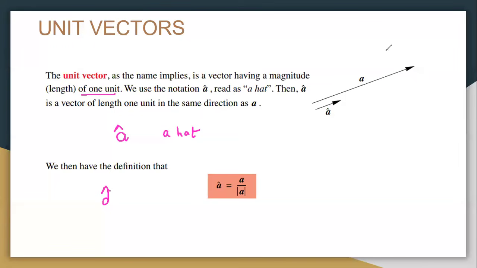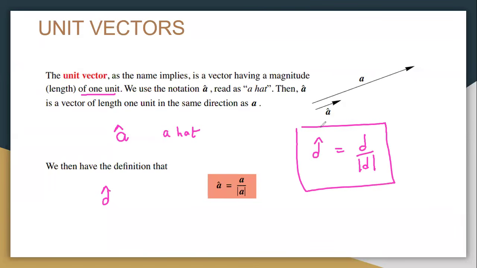And by definition, in order for you to be able to get a unit vector, we shall always get that particular vector divided by its magnitude. The moment you do this, it means that you are able to get a unit vector.